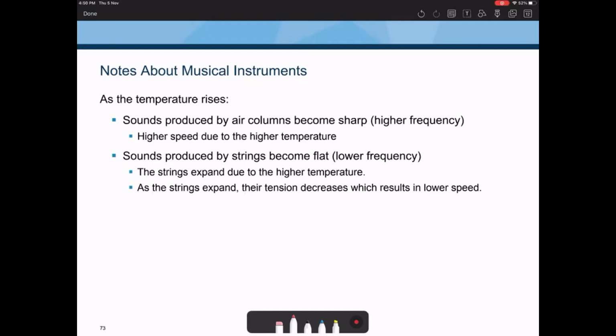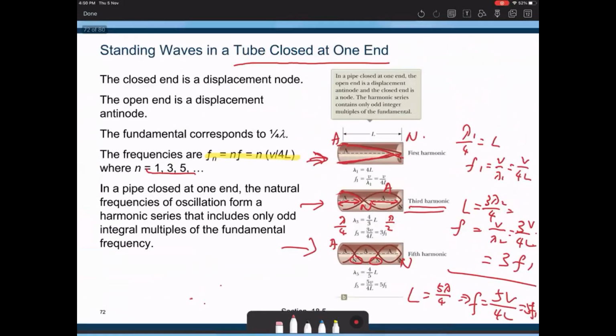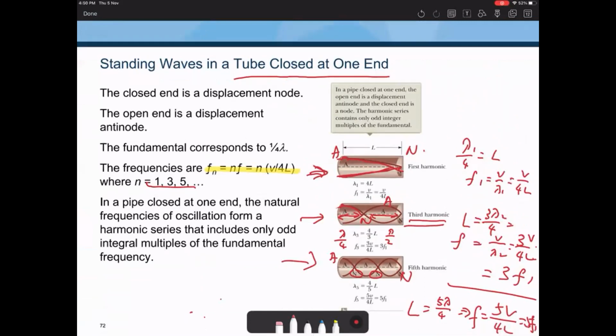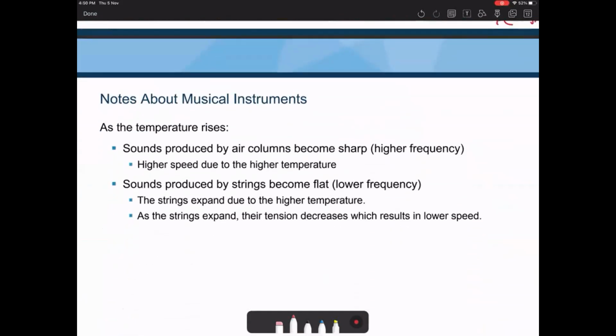So for higher temperatures, it would raise the frequency of the notes, because in many of the equations you will see the fundamental frequency is proportional to the speed of the sound wave. So when the temperature increases, it increases the speed of the sound, and the frequency increases for the air columns.